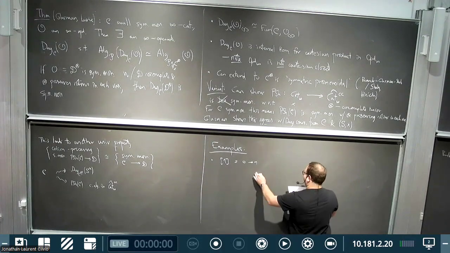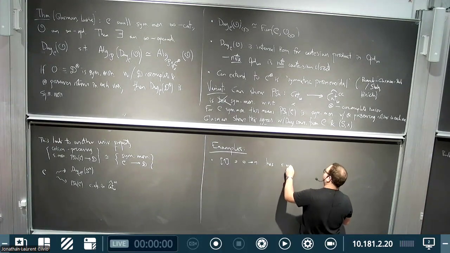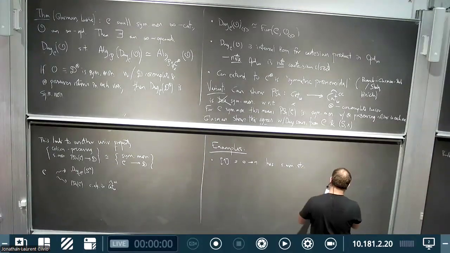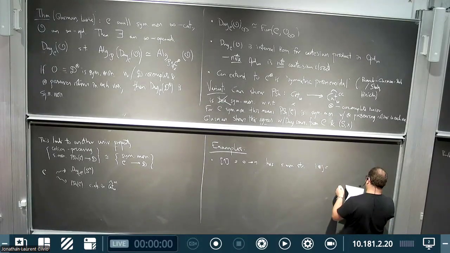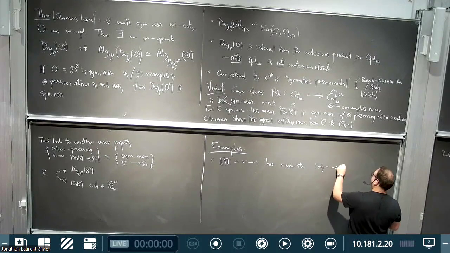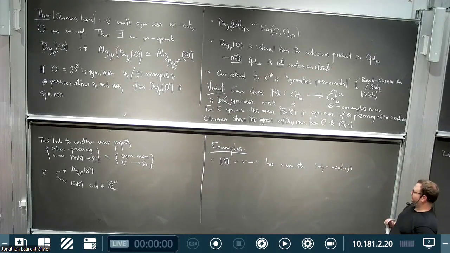Okay, so if I take the arrow, this has a symmetric monoidal structure where the tensor product of i and j is the minimum of i and j. So it's 0 unless i and j are both 1.